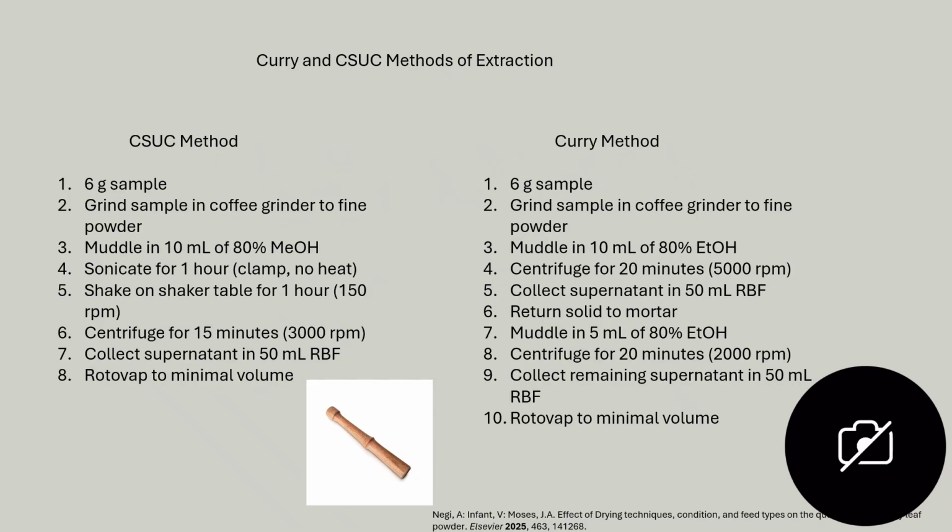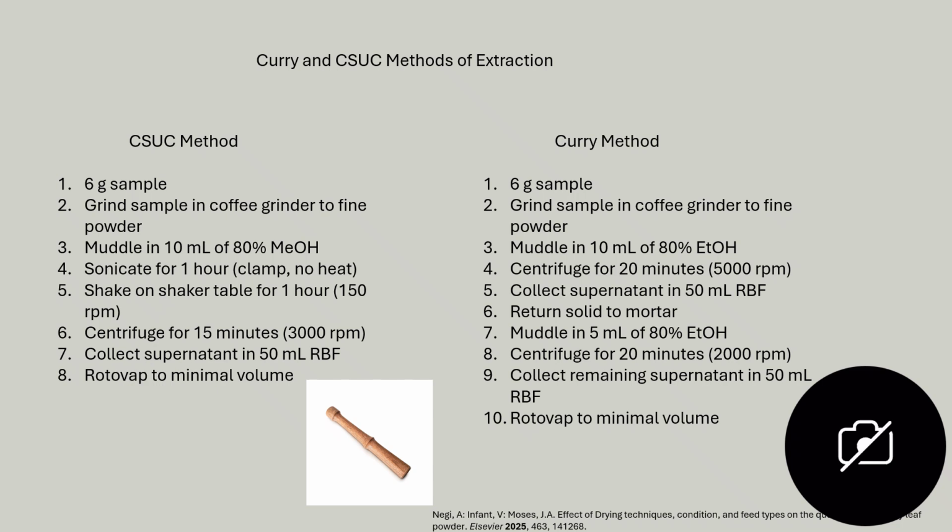So, extracting the polyphenols from the rice that I was doing this summer, these are two methods of approach that we have. The one here on the left, the CSUC method, was provided by the ag department, and it works. It's great. But we also found a method in some literature that we wanted to try, and it's a little bit quicker. There's only centrifuging.